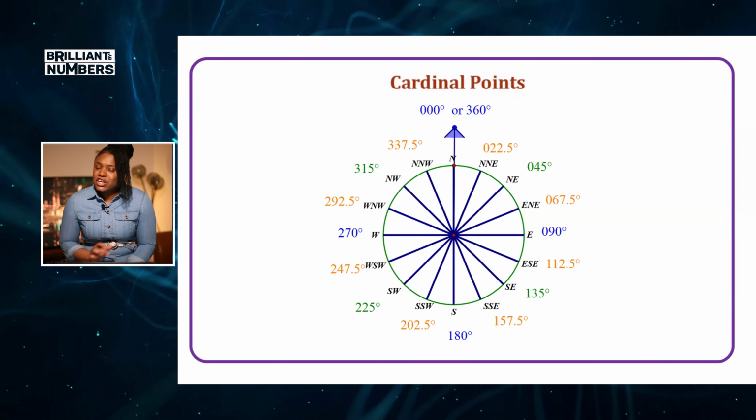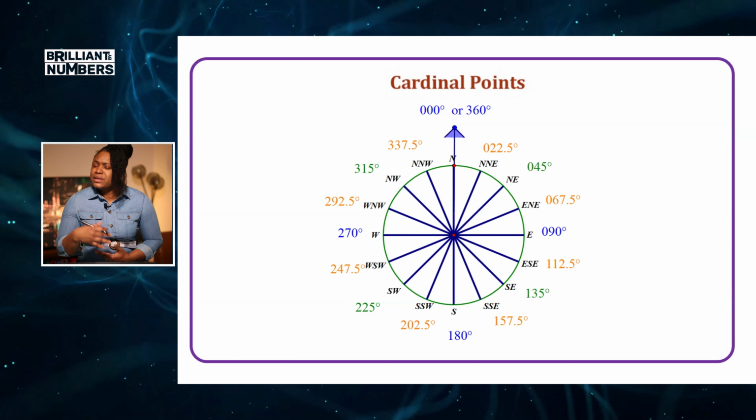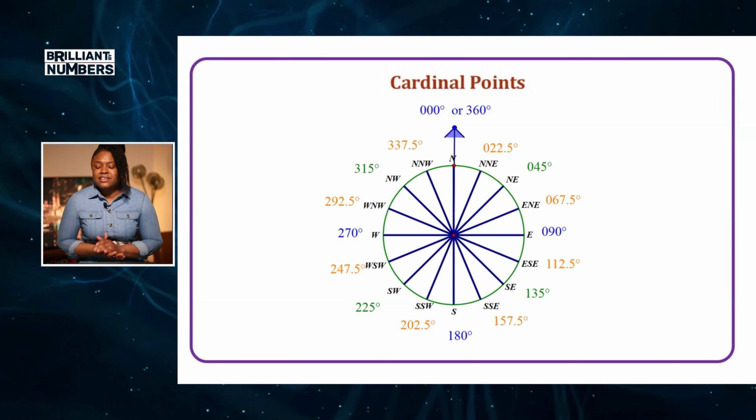So we know that east is 090. We know that south is 180 degrees, and we know west is 270 degrees. Because we know those main ones, clearly we can make estimates of where, for example, 45 will fall, where 30 degrees will fall, and so on.